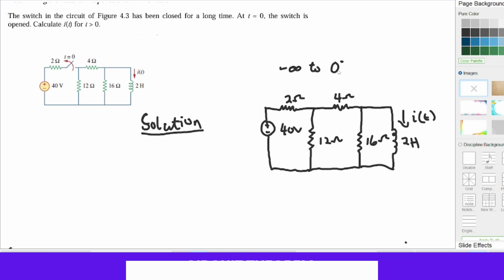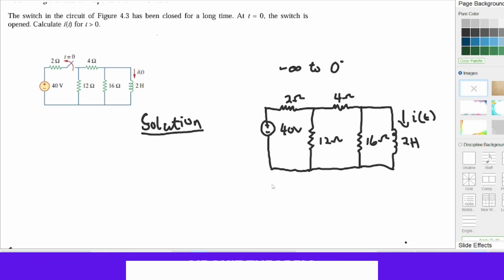During this time, we can say that this 2 Henry inductor has been able to obtain its maximum current because it has been a very long time since the circuit was closed. So it has obtained its highest value of current. So at this point, the inductor behaves like a short circuit.